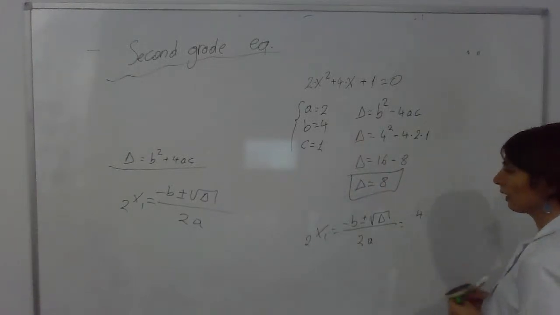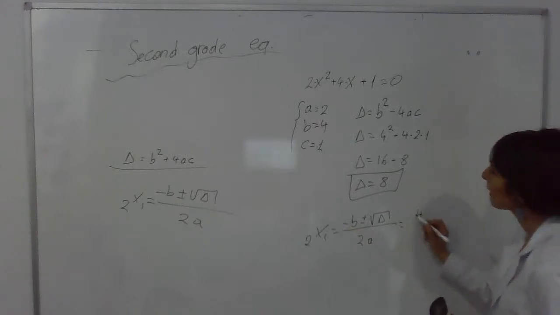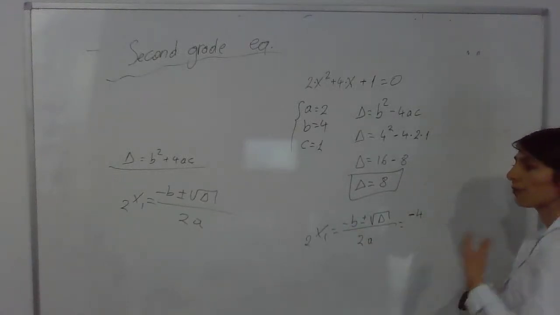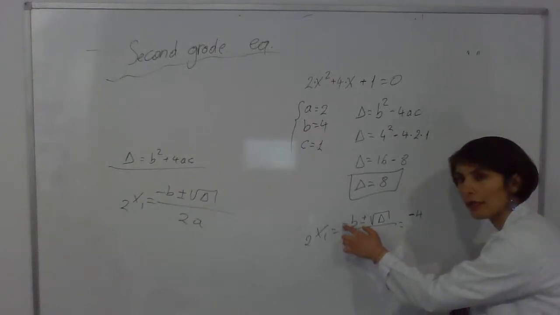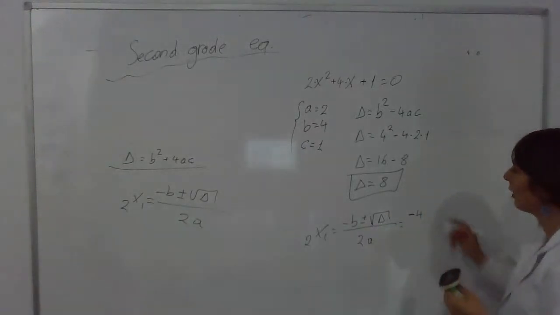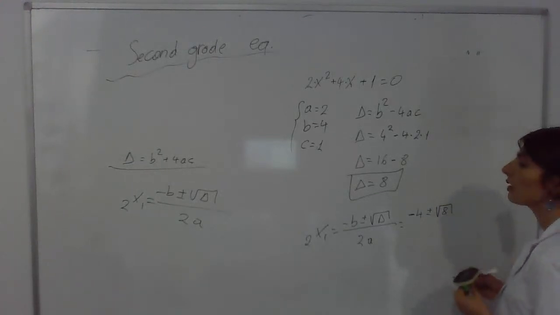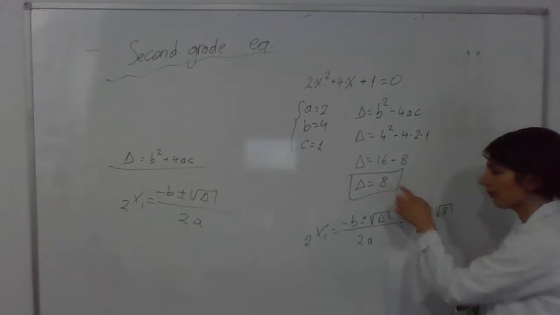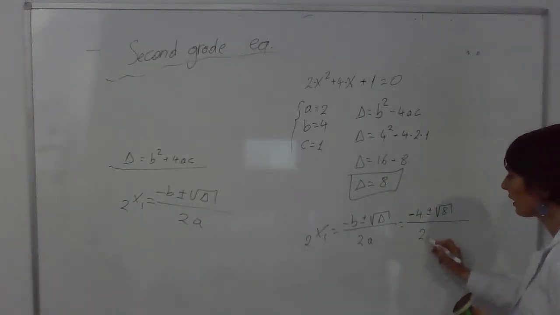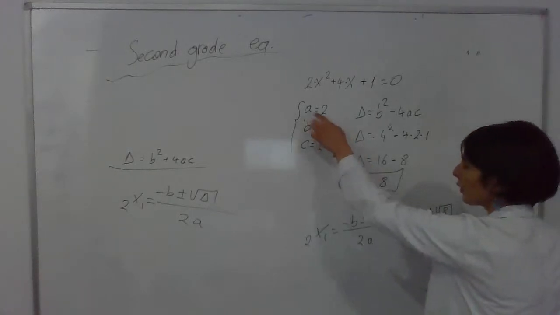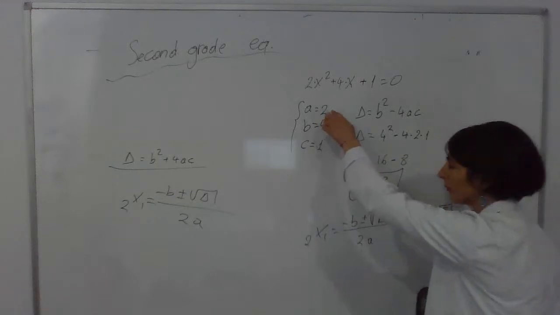But be careful. The formula says it's minus b. So it's minus 4, not because my b is negative, but because the formula says minus b. So it's going to be minus 4 plus minus the square root of 8, because the value of delta is 8. So the square root of 8 over 2 times 2, because the value of a is 2.